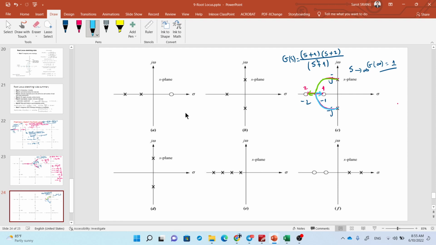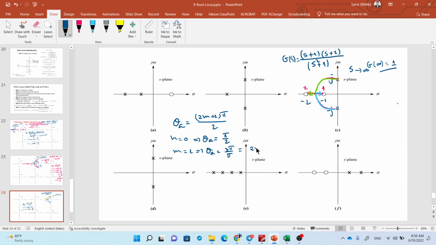So two asymptotes, you can immediately go to this formulation: 2m plus 1 pi over 2. So m equal to 0, then theta a equal to pi over 2. And m equal to 1, then theta a equal to 3 pi over 2.